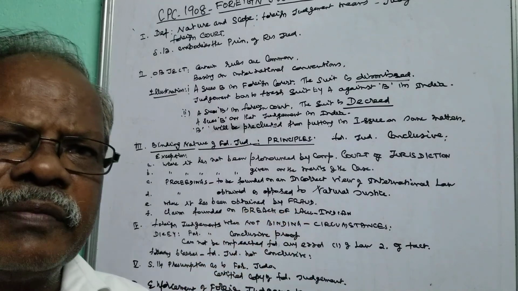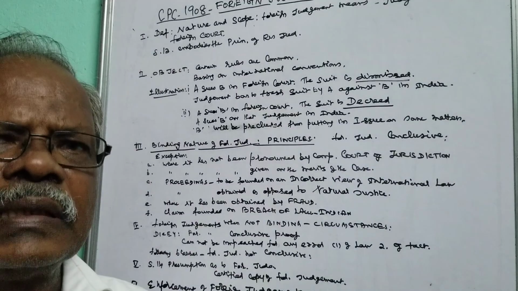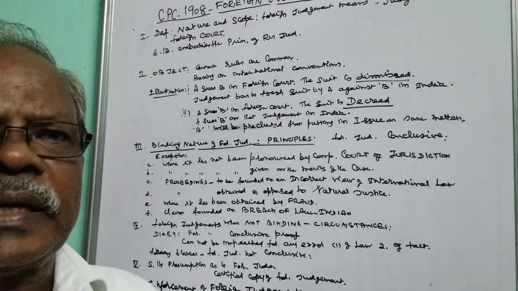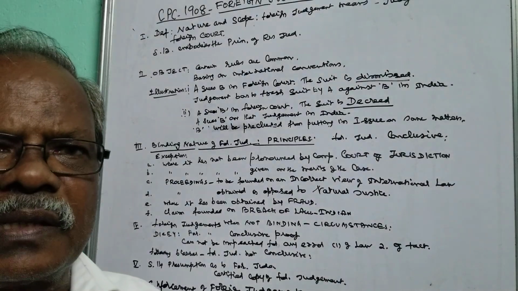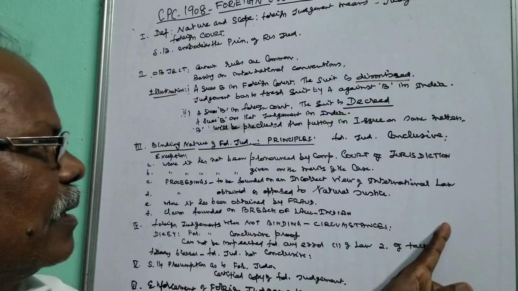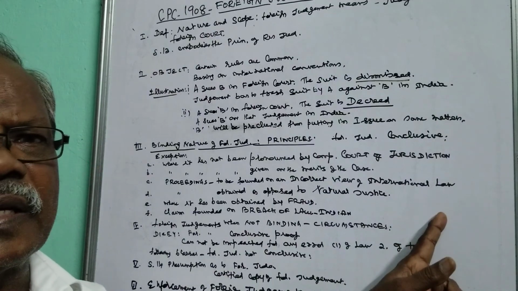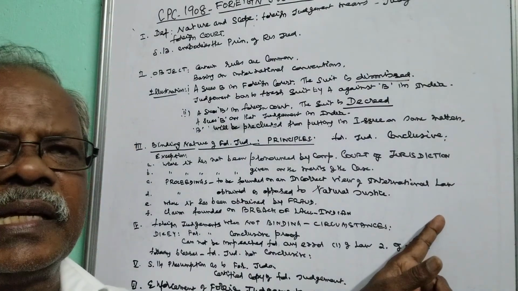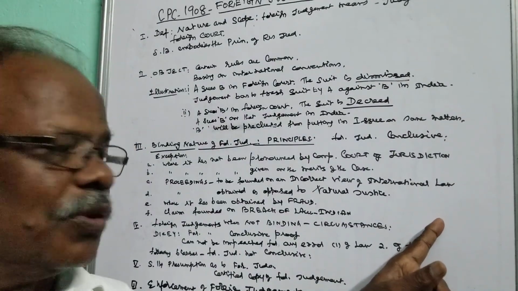When there is a breach of Indian law, it cannot be accepted as the judgment made in a foreign court. So these things are the exceptions. When these are not followed, it is not considered as a judgment made in a foreign court.